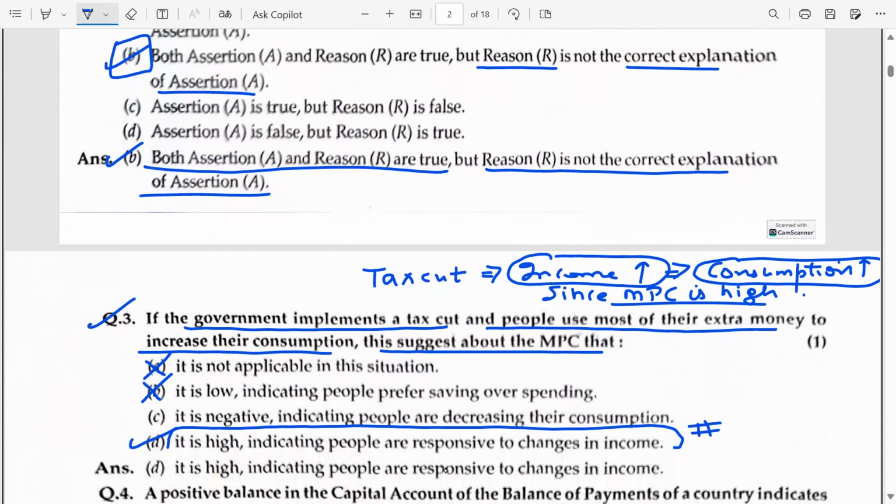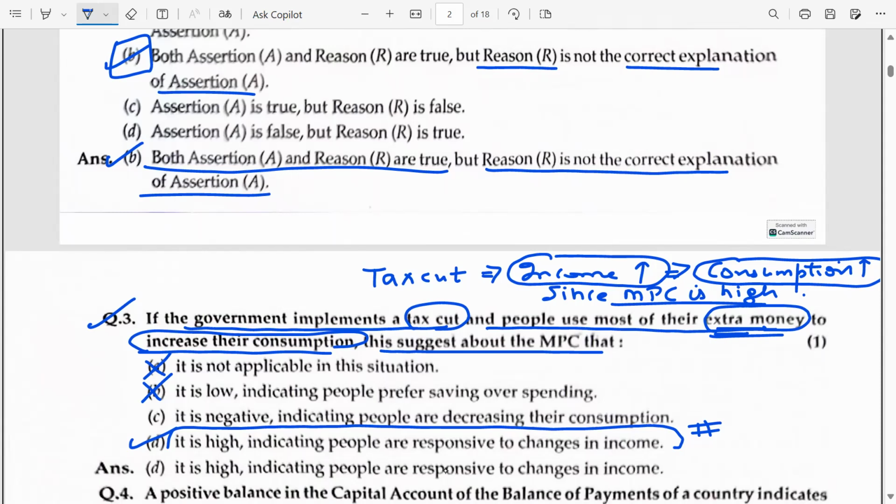Okay, so hoping students have understood this. And it was also given to us that people use their extra money. This extra money was coming from tax cut, because when tax cut occurs, your income goes up, you have extra money, and when people are using their extra money to increase their consumption, it means MPC is high.